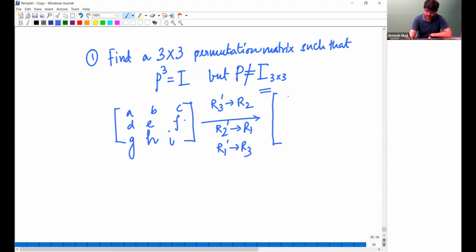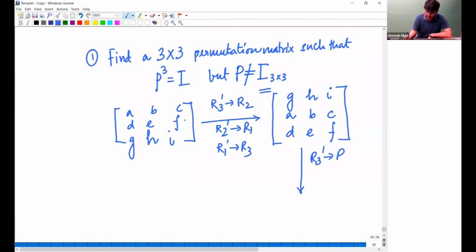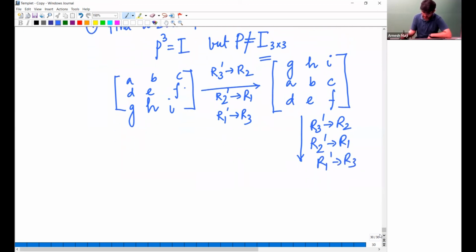So if we do that, it will be G, H, I, then A, B, C, D, E, F. Again, we will do the same operation. We will change row 3 to row 2, row 2 as row 1, row 1 as row 3, and this will be D, E, F, G, H, I, A, B, C.